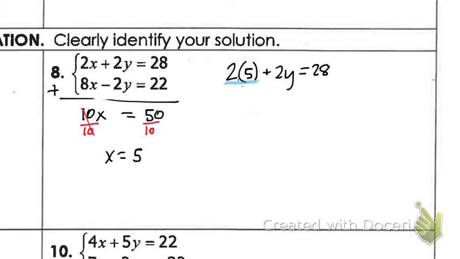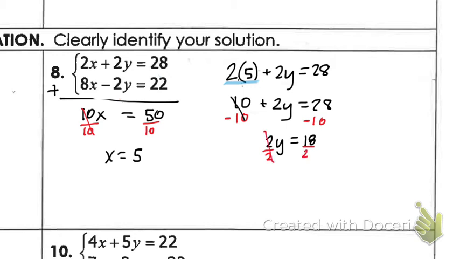What do we get for 2 times 5? 10 plus 2y equals 28. And solve this for y. You move your 10 away. 2y equals what? 18. And then get y by itself. 18 divided by 2.